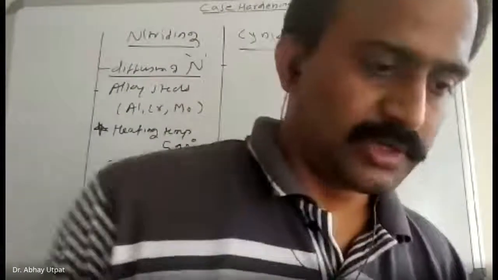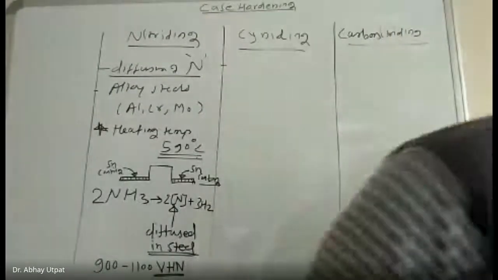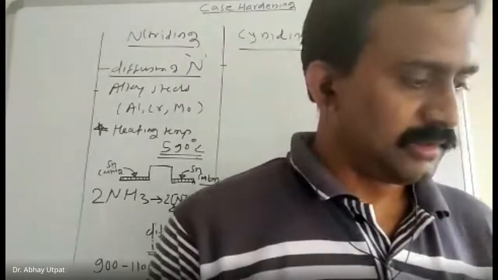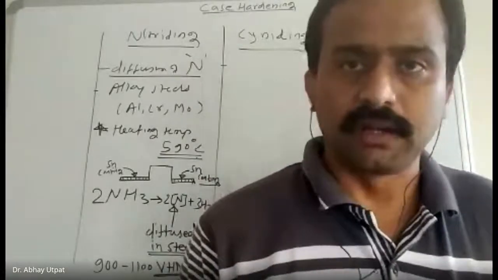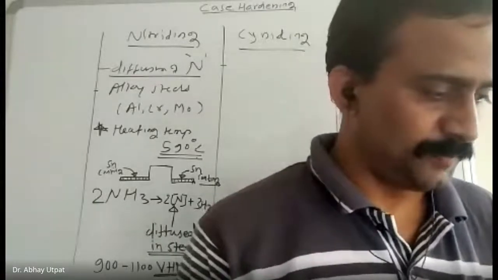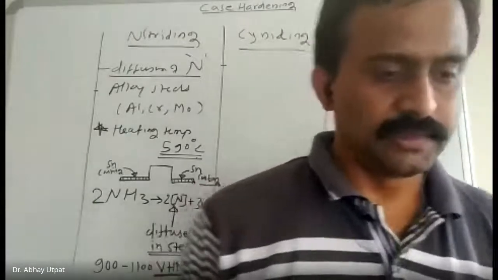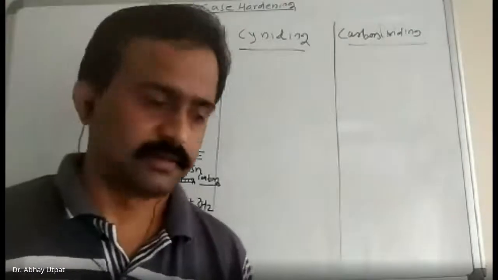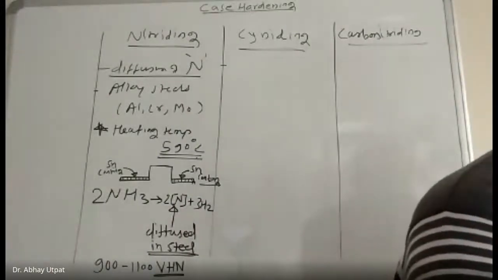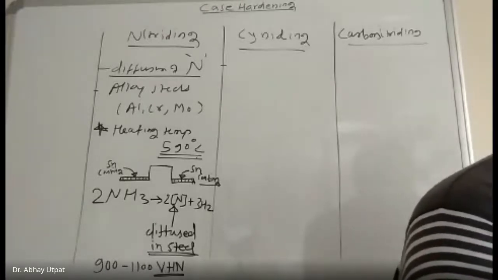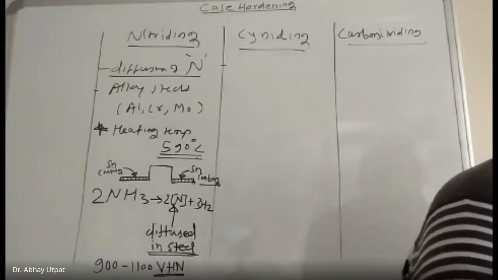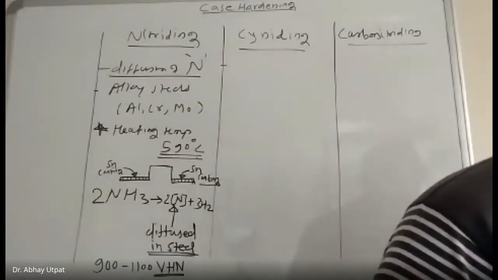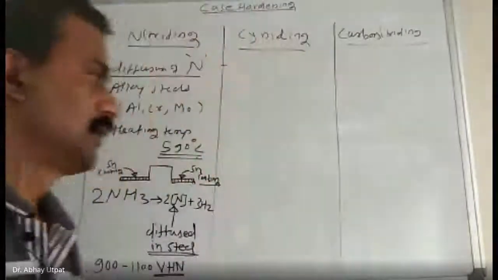Due to high nitrogen potential, a thin layer of iron nitride is formed, which is brittle and to be removed. This is all about nitriding.